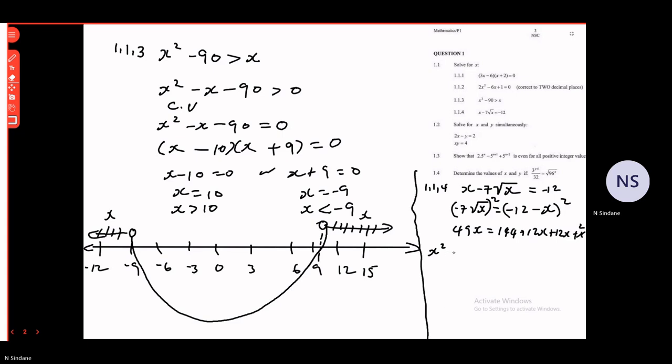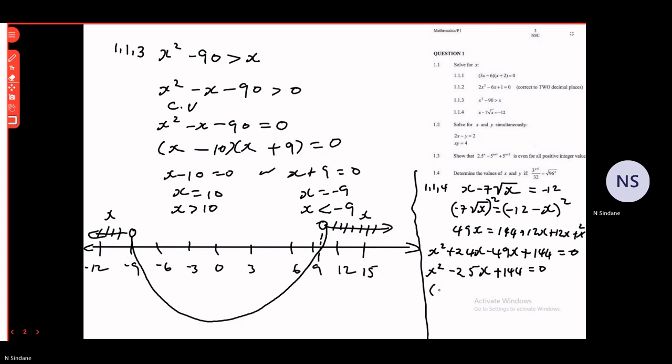This will be x squared plus 24x minus 49x plus 144. This is equal to 0, right? Then this will be x squared minus 25x plus 144, which is equal to 0. I can factorize this.